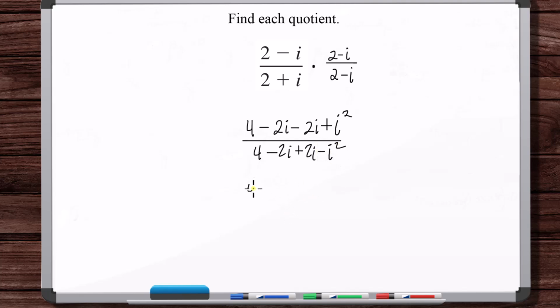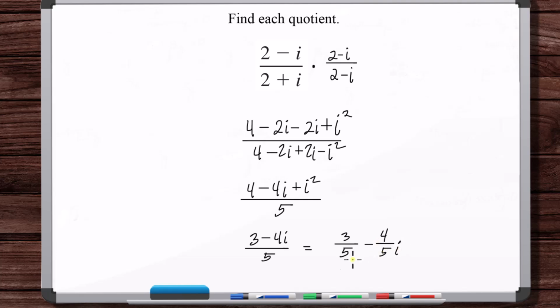So, okay, we've got 4 minus 4i plus i squared over 4 minus i squared, which is 4 plus 1, which is 5. Okay, but now i squared is negative 1, so 4 minus 1, you've got 3 minus 4i over 5. So 3/5 minus 4/5 i.